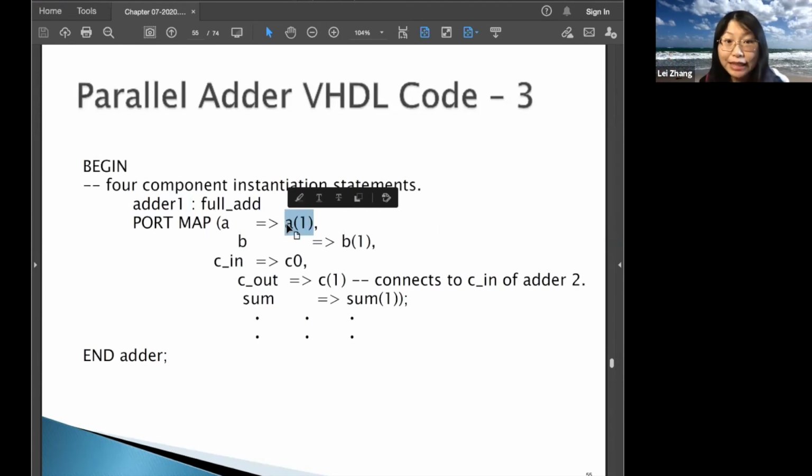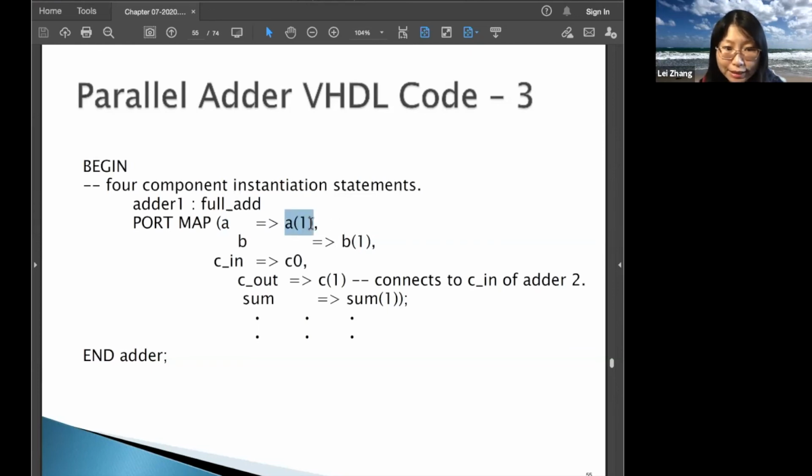It has nothing to do with this port name A. You might get confused a little bit, but you will get used to it. Name-wise, they are not related. It just happens that they are both named A, but they are not related.